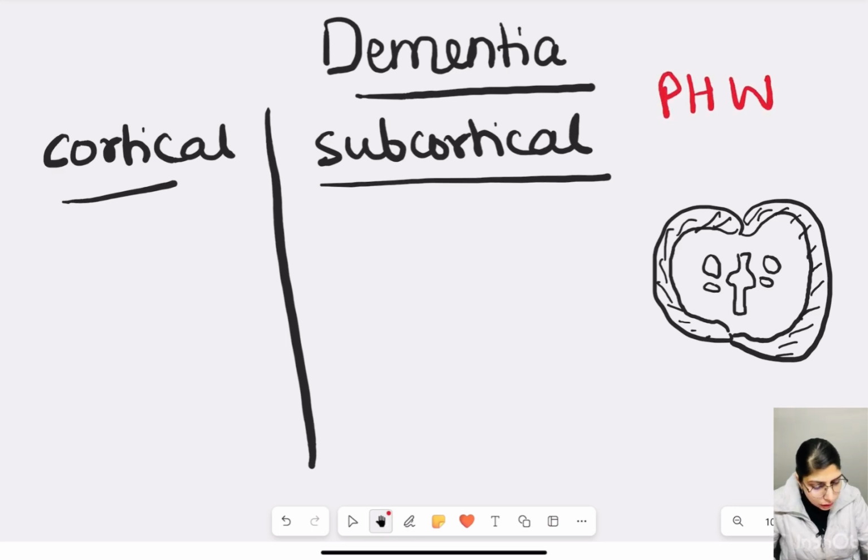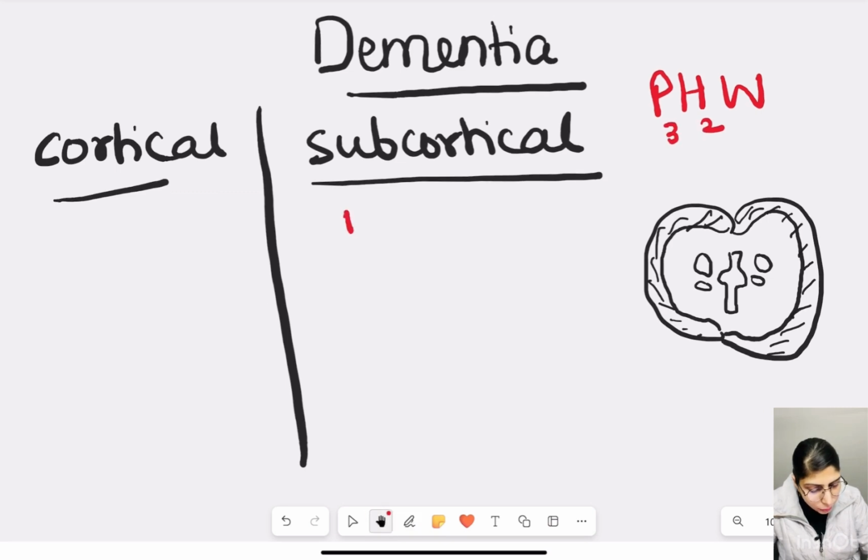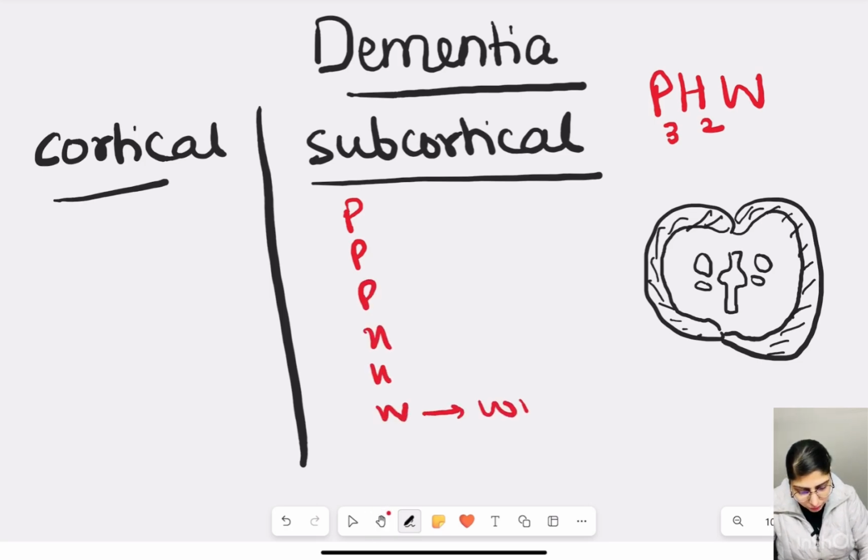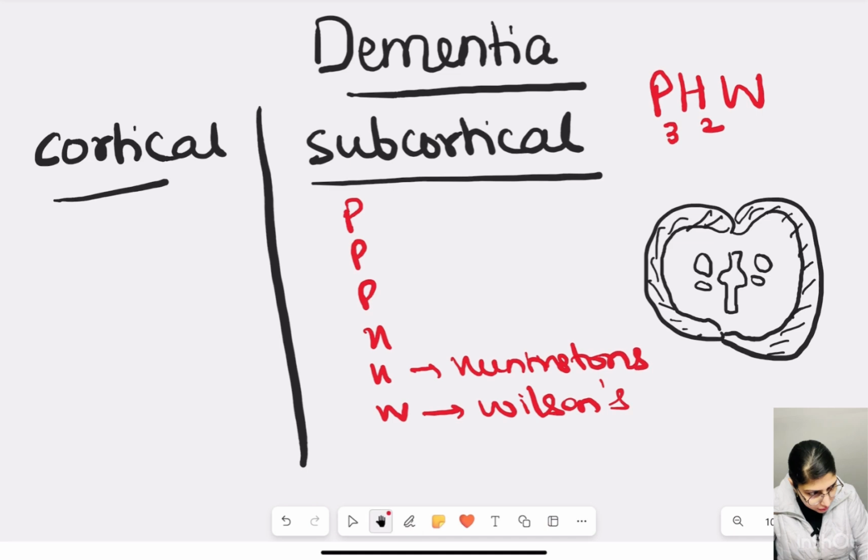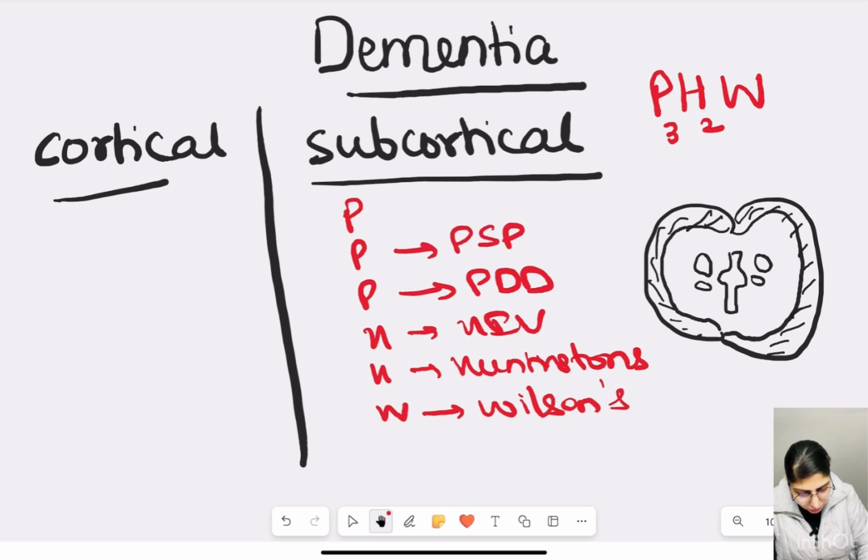The mnemonic goes like primary healthcare worker, and you can add 3 and 2 here. So we have 3 P's, then we have 2 H, and we have a W. W is for Wilson's, 1 H is Huntington's, 1 is HIV, Parkinson's disease dementia, PSP, and of course PML.